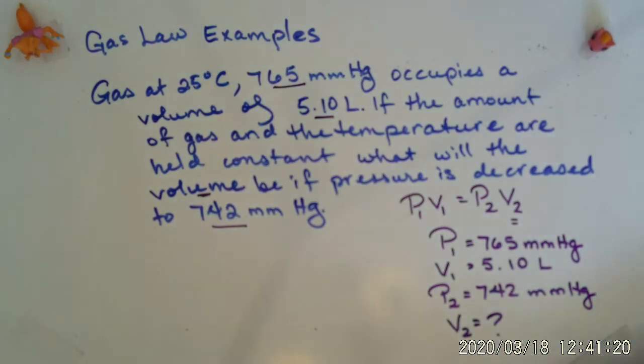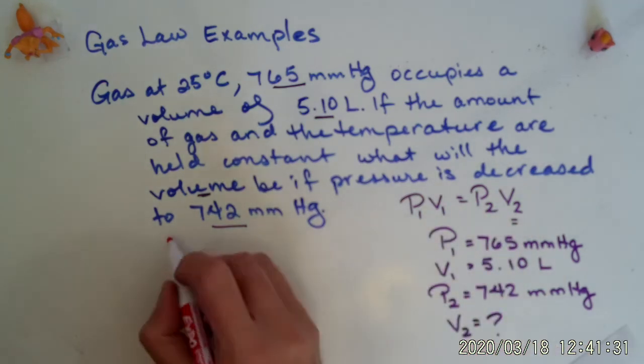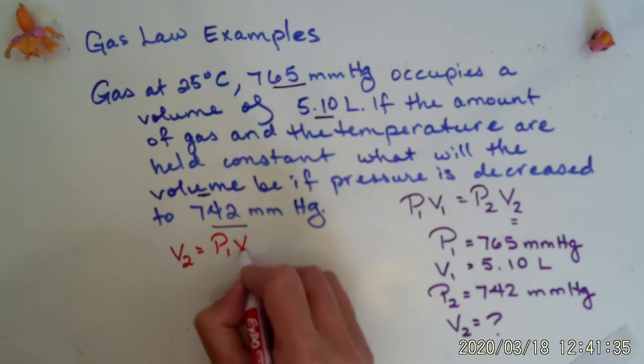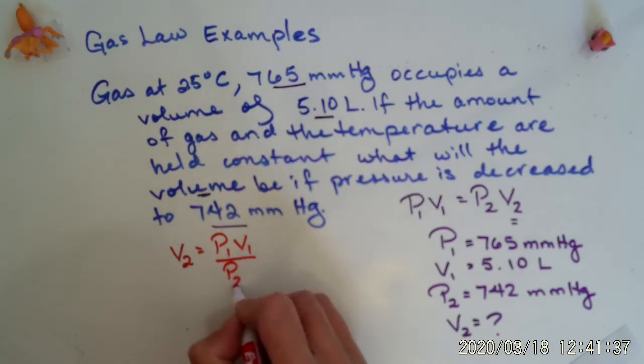Okay, so now that we have all our values, let's go ahead and plug in and play. Let's rewrite our Boyle's law to solve for V2. I'm going to divide both sides by P2. So V2 is equal to P1 V1 over P2.